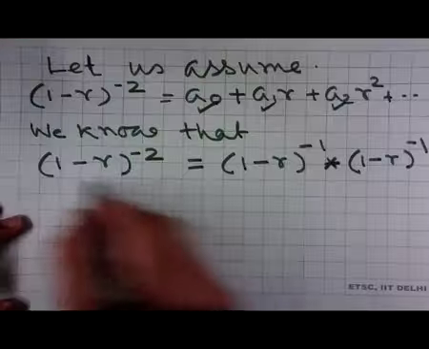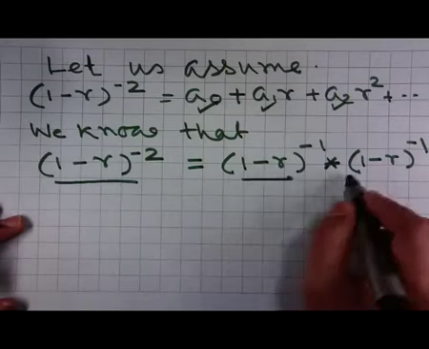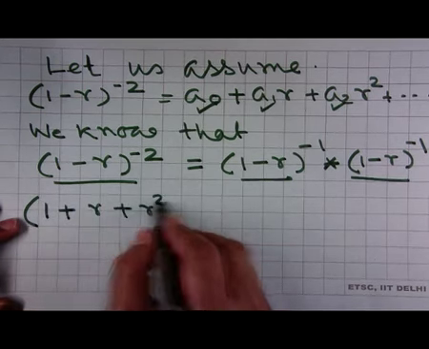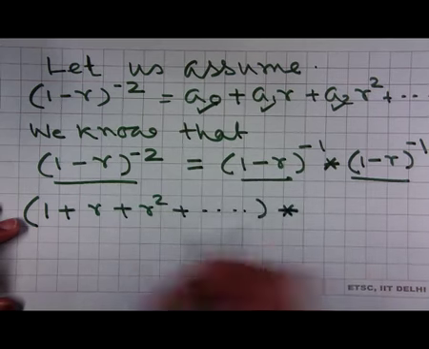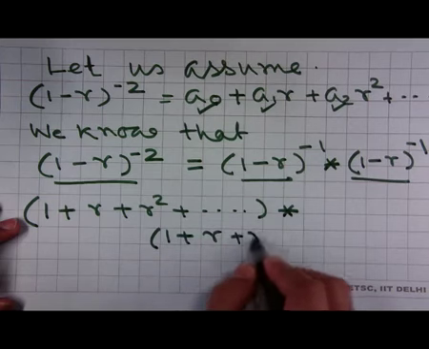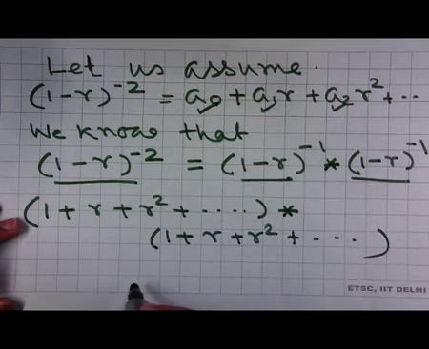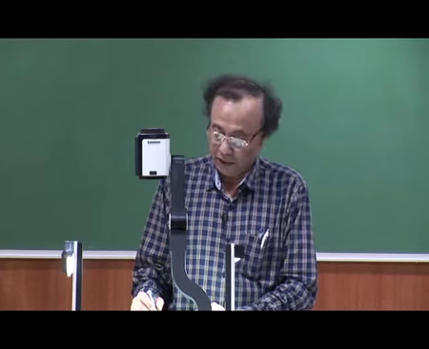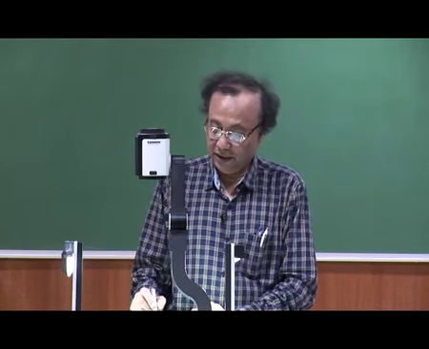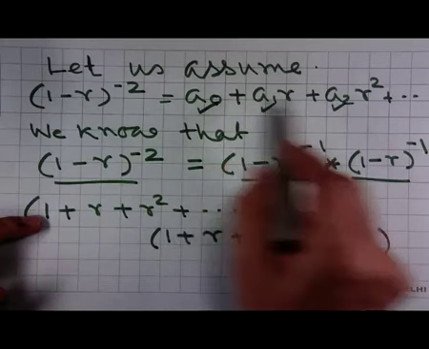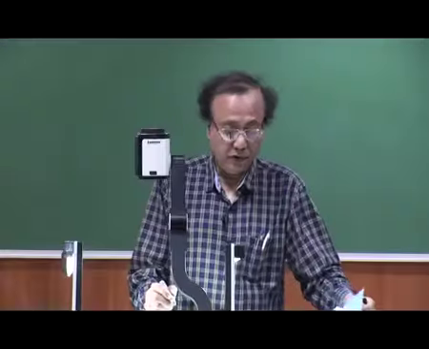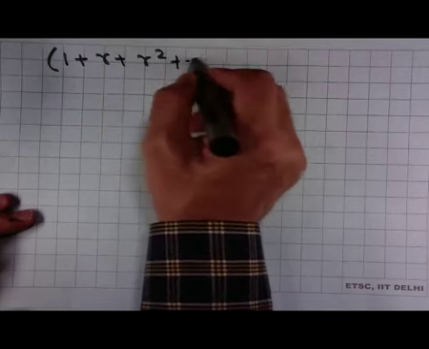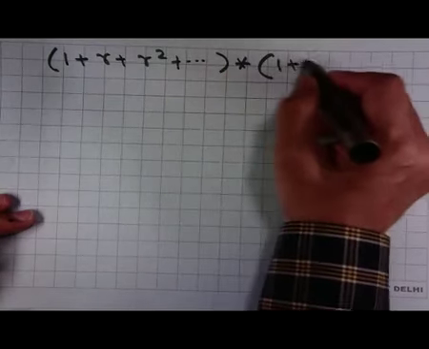Therefore, we can write this as the product of the corresponding series, which is 1 plus r plus r square plus ... multiplied by 1 plus r plus r square plus .... Then we will try to find the coefficients of r to the power k for different powers of k, and then compare a0, a1, a2 with those values. So, let us write it again.